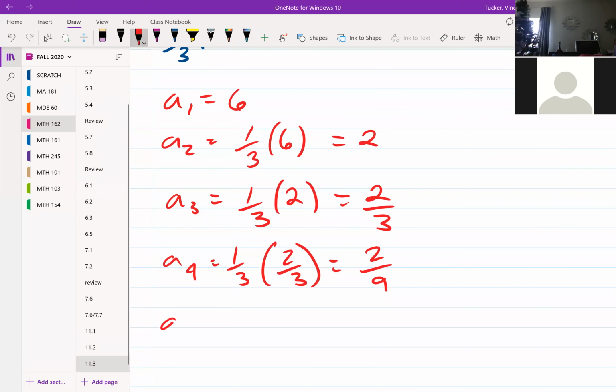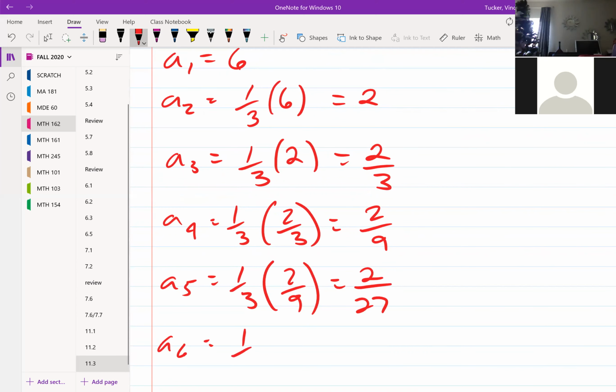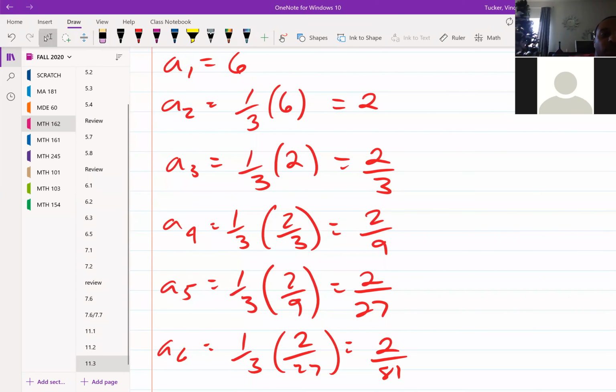We'll just keep on with the same pattern. 1/3 times 2/9, which is 2/27. And then the last one, 1/3 times 2/27, which is 2/81. So those would be your first 6 terms. All right, any problems?